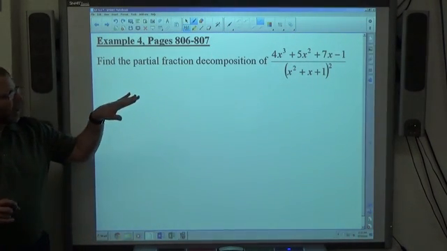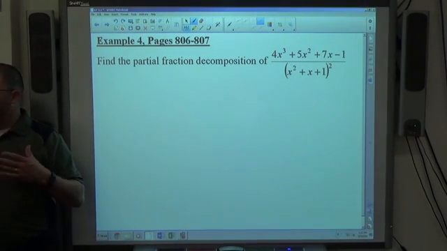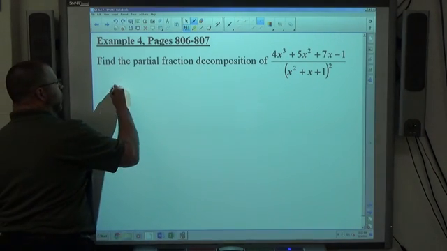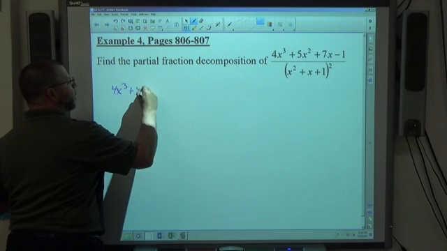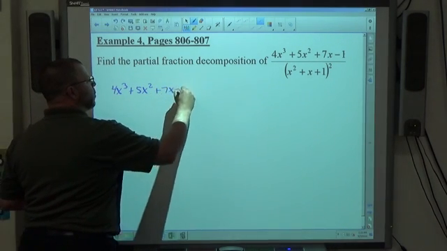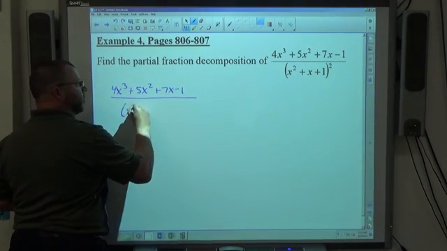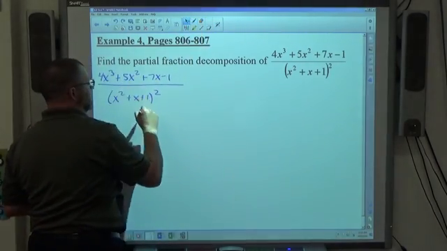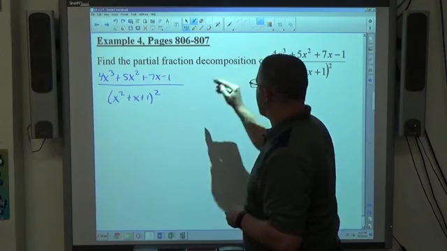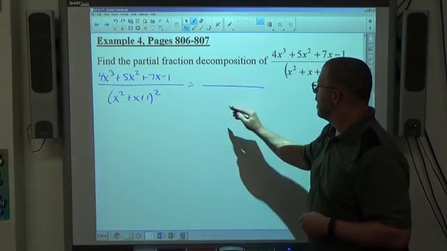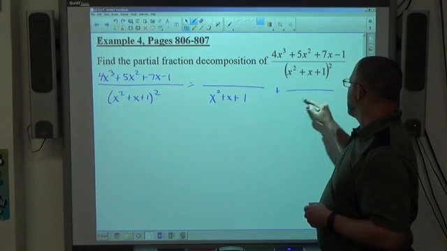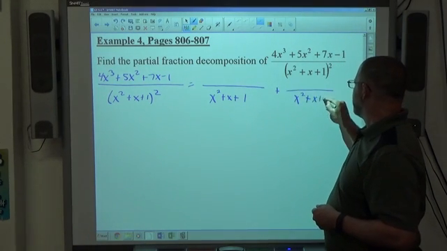So this has the same structure as example 2 did yesterday, in that we have something that doesn't factor into a power. So when I write 4x cubed plus 5x squared plus 7x minus 1 all over x squared plus x plus 1, the quantity squared, and I structure my decomposition, I'm going to have x squared plus x plus 1 to the first power and x squared plus x plus 1 to the second power.